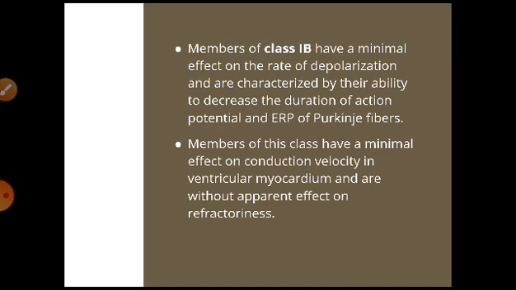That is the action of these class 1B drugs. Members of this class have a minimal effect on conduction velocity in ventricular myocardium and are without apparent effect on refractoriness. So they are not changing the conduction velocity, and also not affecting refractoriness much.